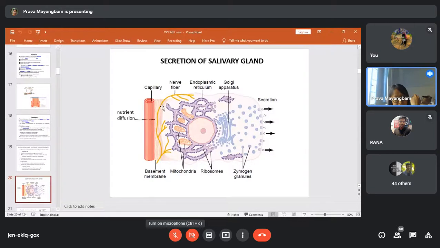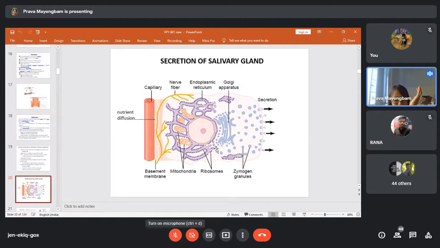It can be any cell in the digestive tract, maybe a part in the salivary gland, maybe a part in the stomach, maybe a part of the pancreatic cell, or maybe a part of the liver cells. Any kind of cell which will be able to secrete.